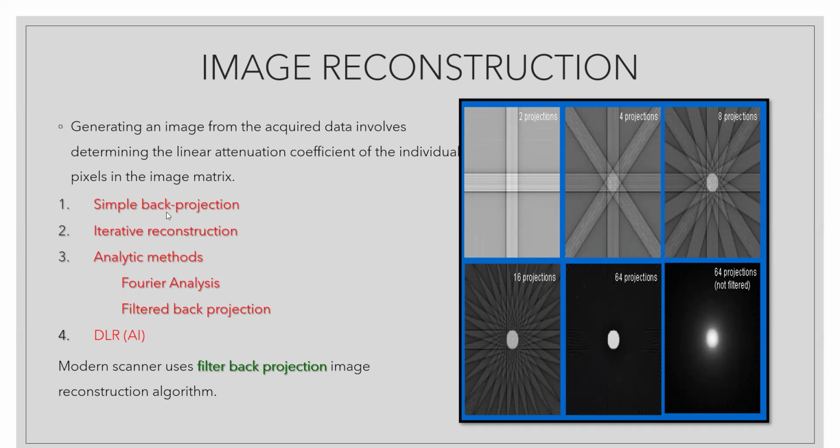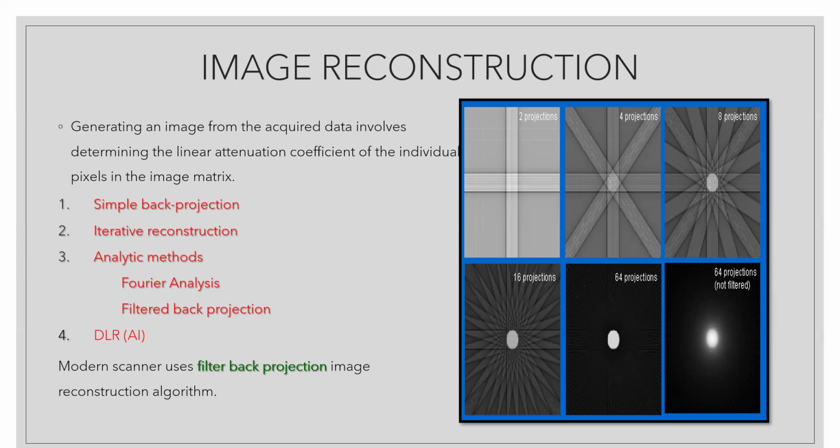One is simple back projection, which is a summation method and merely forms a geometrical construction of an image. Iterative starts with an assumption, compares the assumption with the measured value, and makes corrections to bring them into agreement.